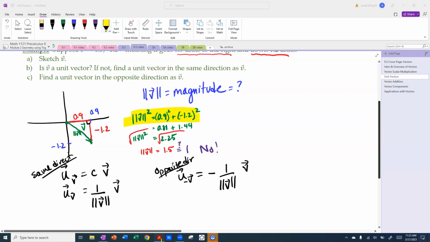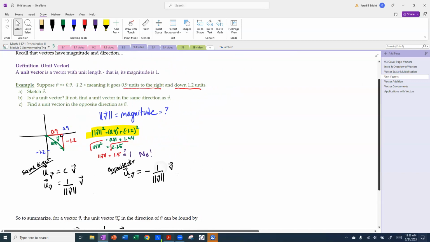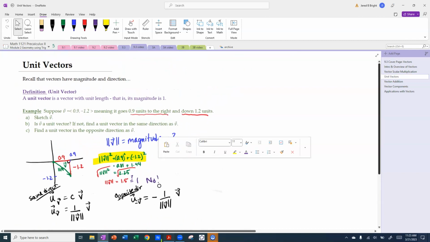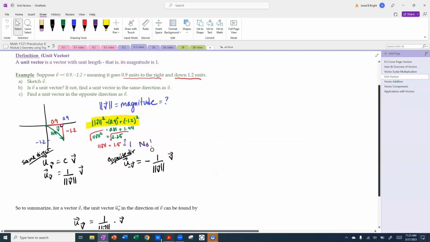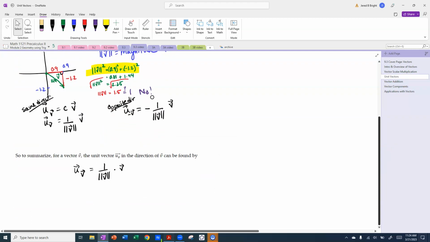So there we go. We've learned a little bit more about vectors and this concept of a unit vector, meaning it has unit length. To find that unit vector, we just take our given vector and multiply by 1 over the magnitude, which we can find by using the Pythagorean theorem.